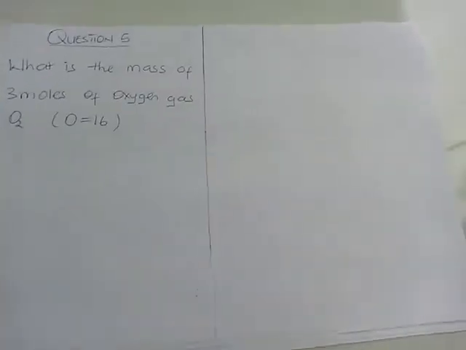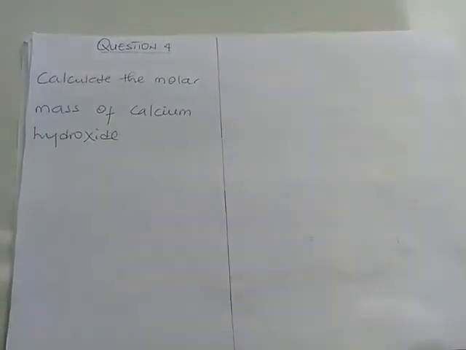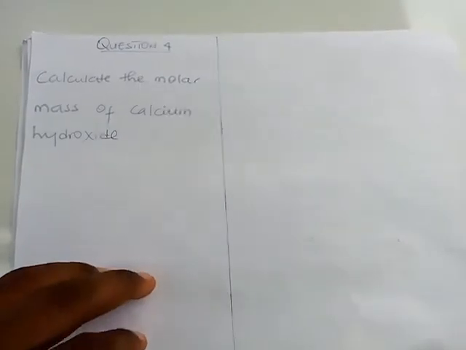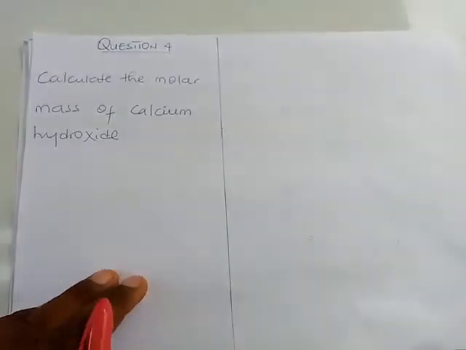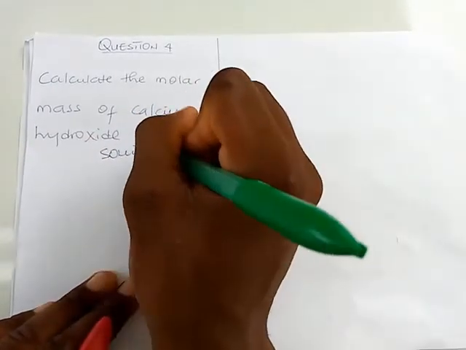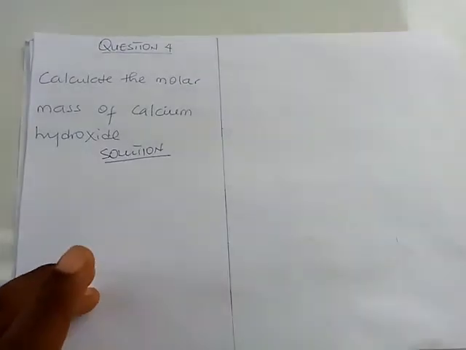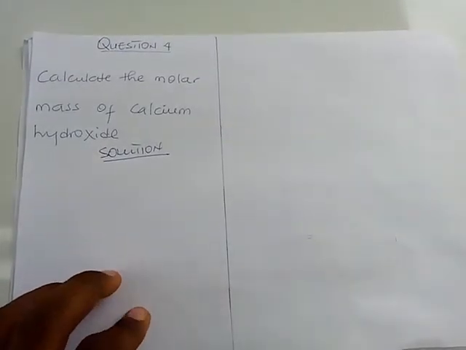So let's take the fourth question. So here's question 4. Question 4 is still simple. Here it says calculate the molar mass of calcium hydroxide.